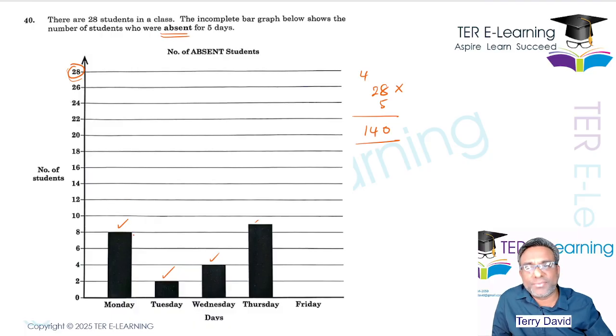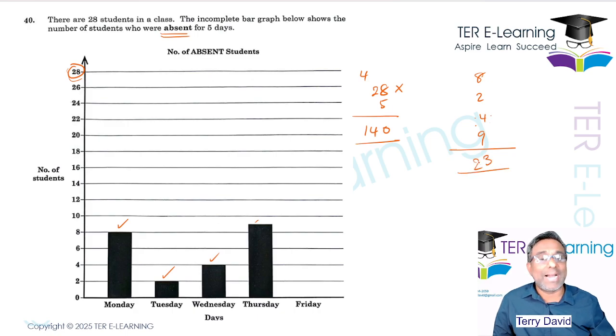In this case here, we have 8 absent. We have 2. So let's add up. 8, 2, 4, and we have an X, so that's 9. Right? So that's 8 and 2, 10, and a 19, 20, 21, 22, 23. So that's 23 that is actually absent.